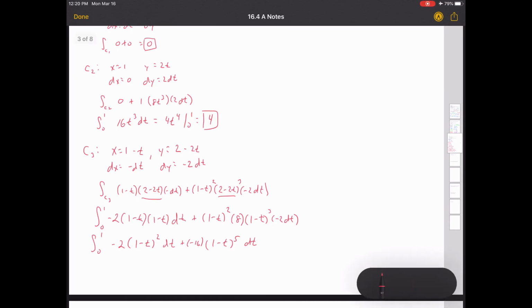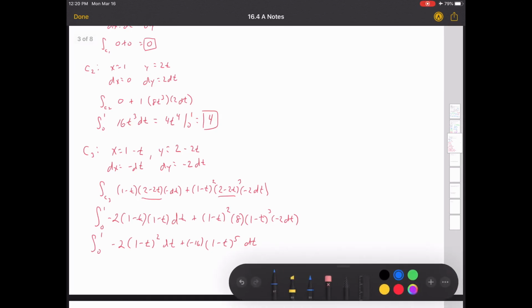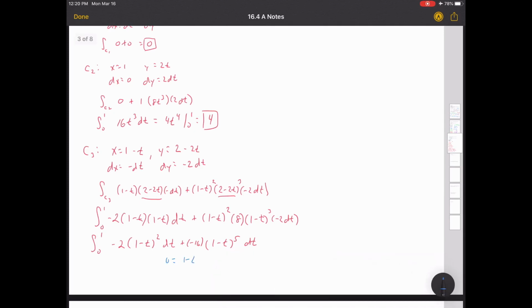Now the reason that's helpful is because now I can do a very quick u substitution here, and I can use it for both of these. I'm going to let u equal 1 minus t, and then du will just equal negative dt, so dt equals negative du. So let's see what happens now when we plug this stuff back in.